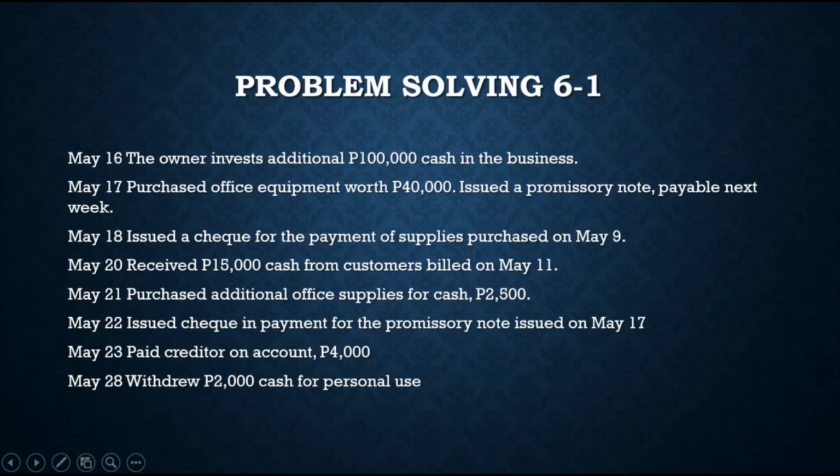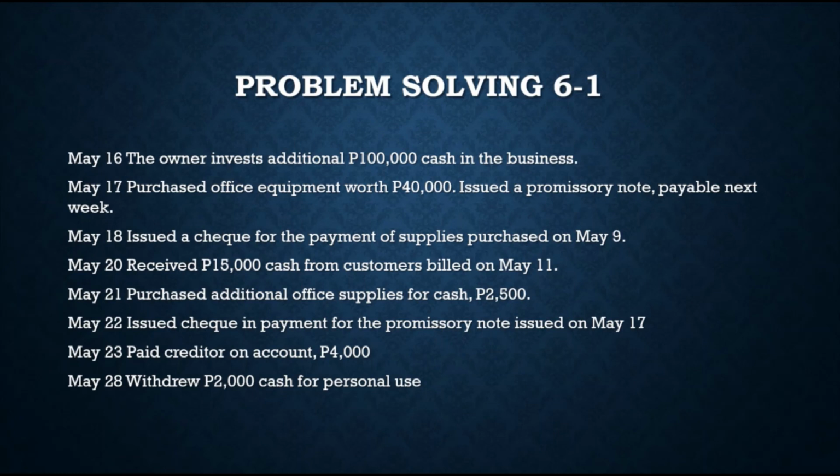Next, May 16, the owner invests additional 100,000 cash in the business. May 17, purchased office equipment worth 40,000, issued a promissory note payable next week. So on May 18, issued a check for the payment of supplies purchased on May 9, then on May 20, received 15,000 cash from customers billed on May 11.